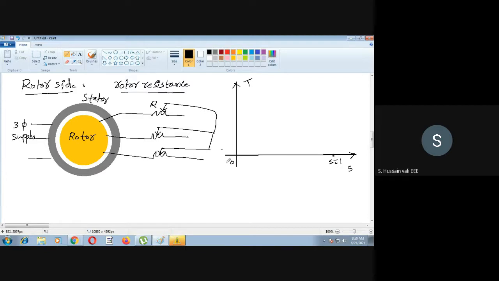Something like this, you'll get the graph here. So this point is T max, I hope you know this. Whereas this point is TST, the starting torque.